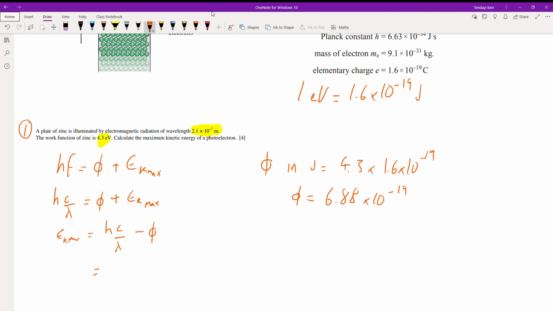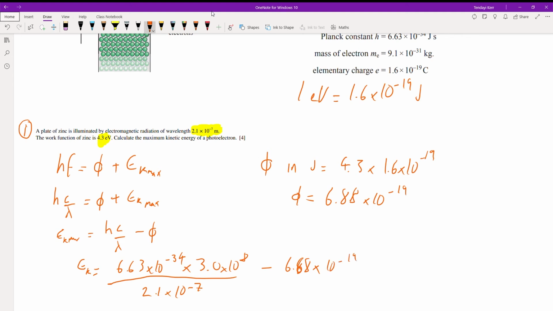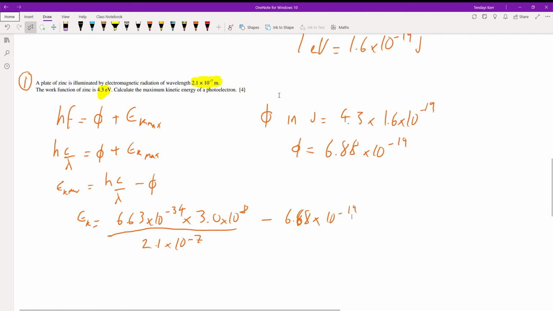So find the kinetic energy. Let's put everything in. 6.63 times 10 to the minus 34 times the speed of light over this wavelength, minus 6.88 times 10 to the minus 19. Okay, we'll put all that into the calculator.